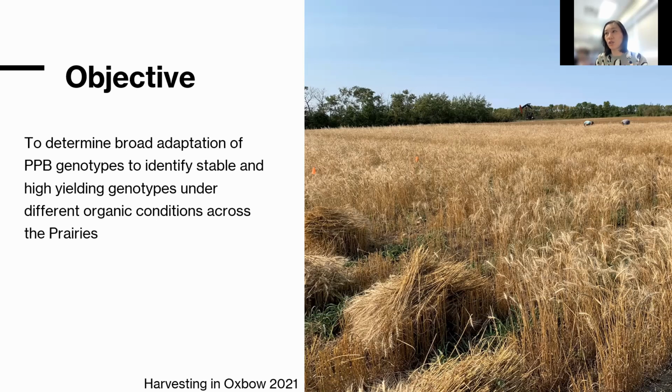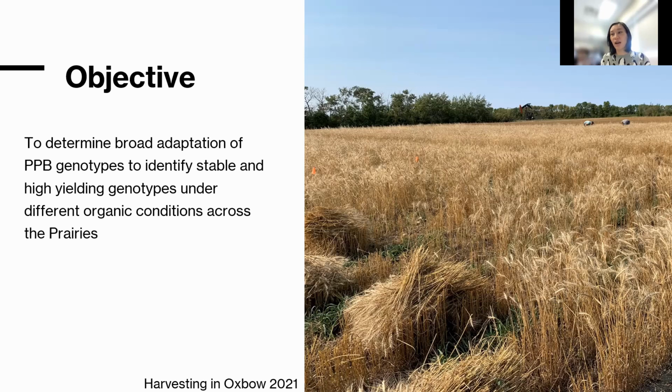The challenge with the current system is that all of those yield trials are under conventional conditions. And, you know, I don't need to explain the difference between organic and conventional to this group, but there's just not enough data out there derived from organic conditions across many different environments.